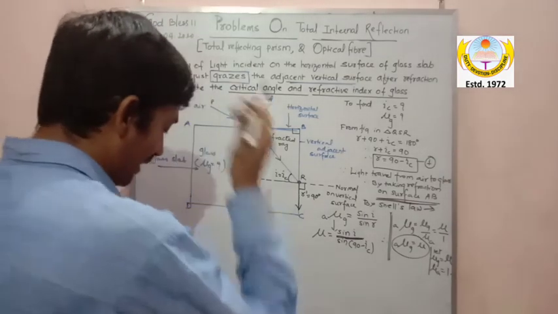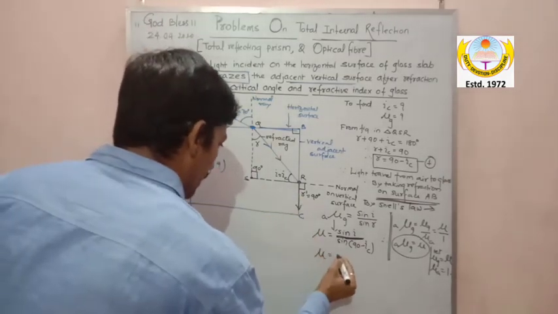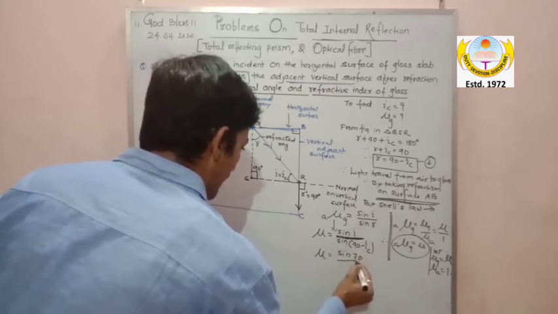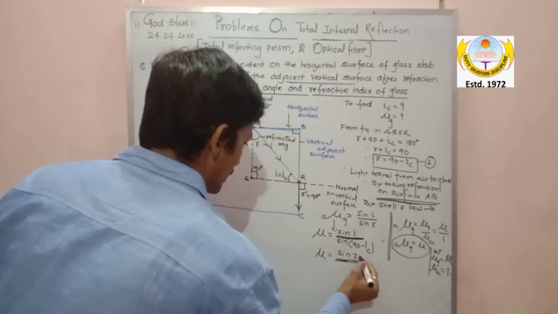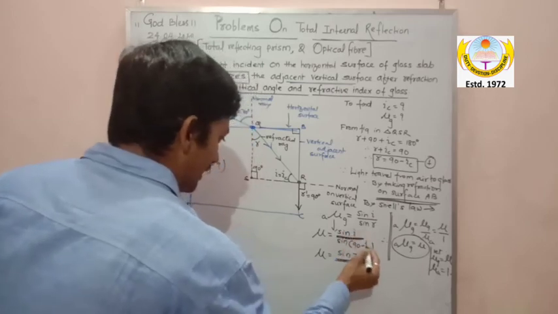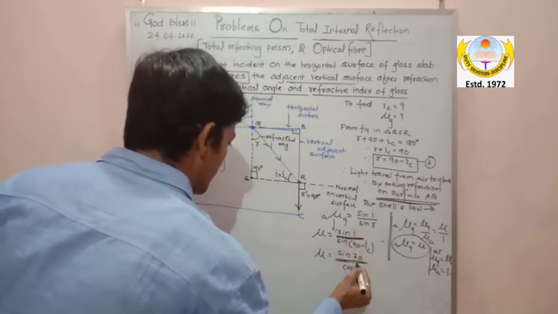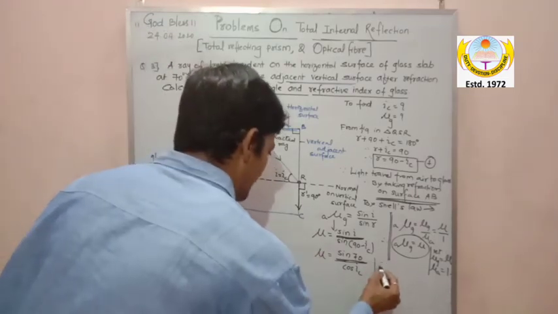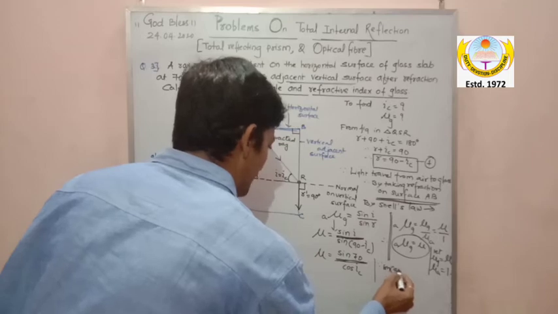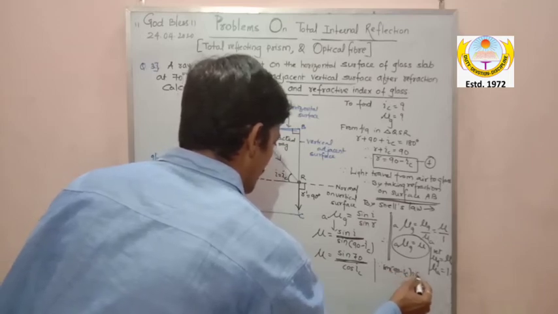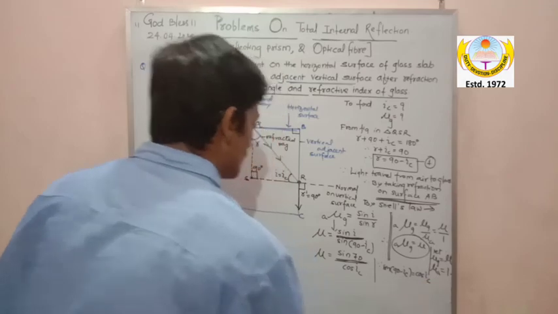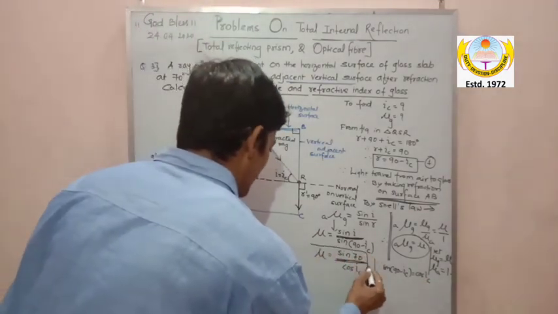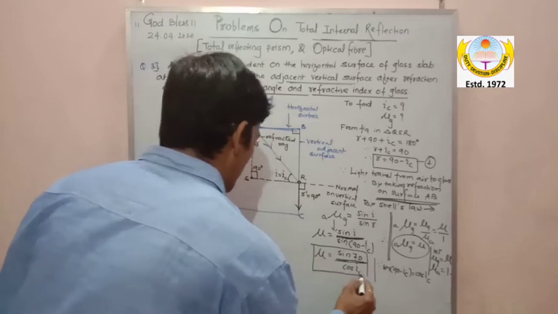So here I will get mu is equal to sin I, that is sin 70, because I is 70, divided by cos IC, because sin of 90 minus IC is equal to cos IC. So I got the value of mu as sin 70 divided by cos IC.